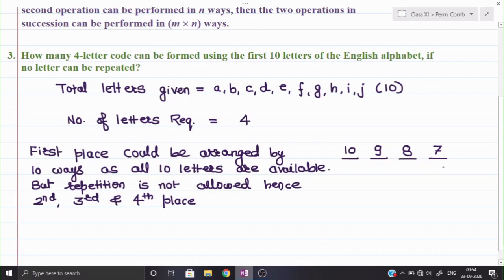You can take right to left also, that doesn't matter.